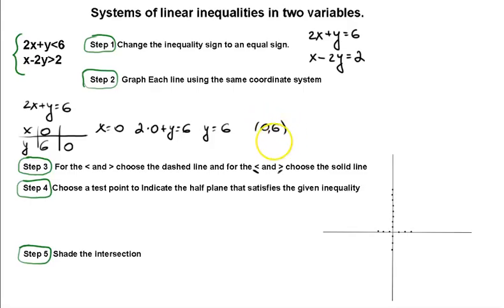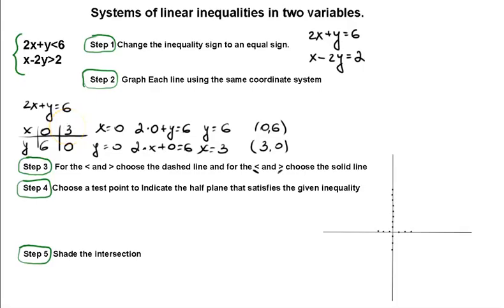For the second point, if y equals 0, I'll substitute y with 0. Then 2 times x plus 0 equals 6, so 2x equals 6, x equals 3. So the point is (3, 0).